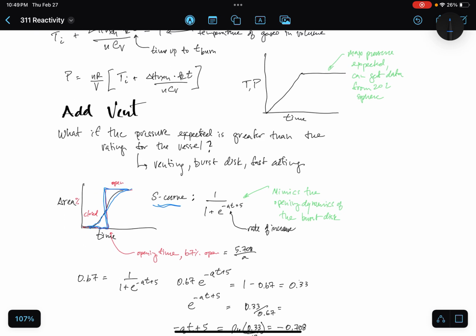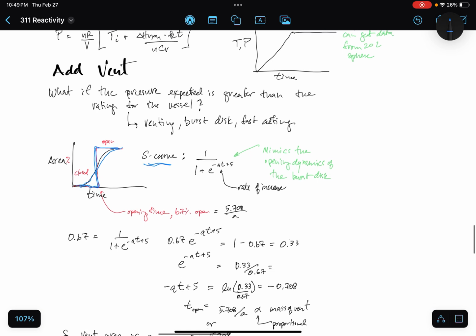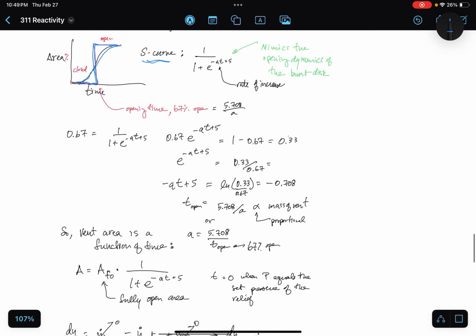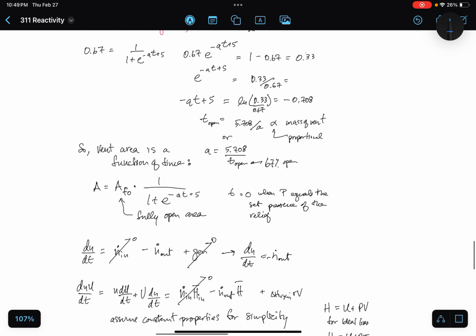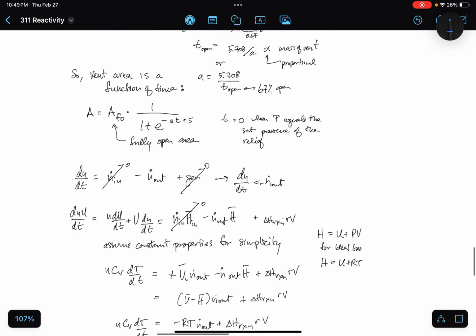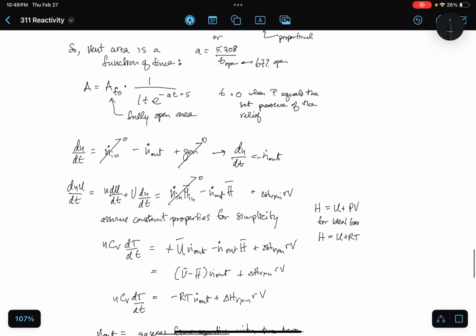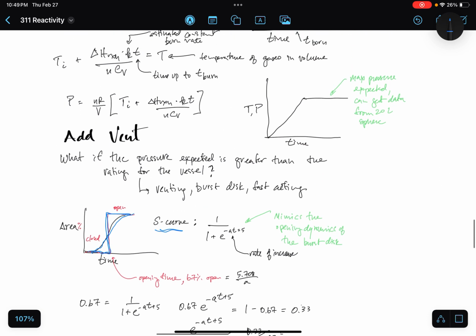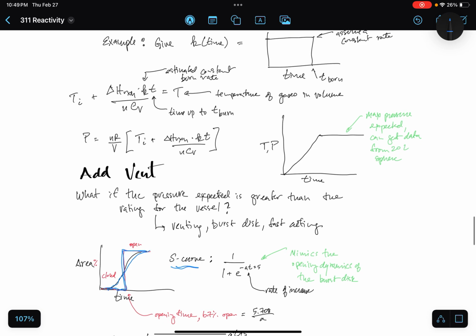You're not going to be tested on calculating a venting rate, but I wanted you to see how you can use energy balances to get what kind of pressures you could expect inside of a vessel.